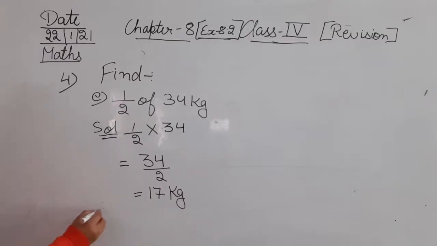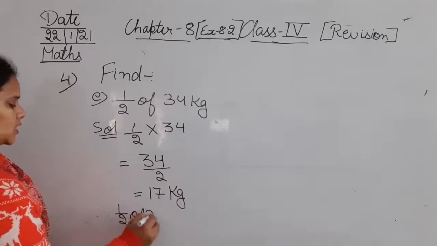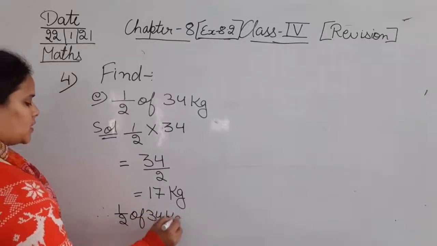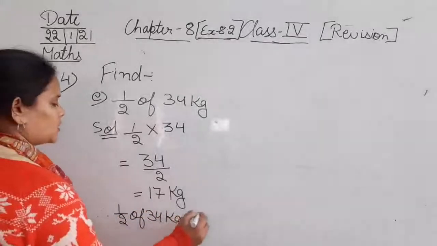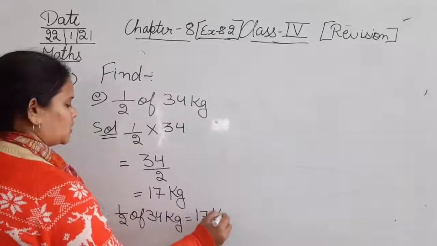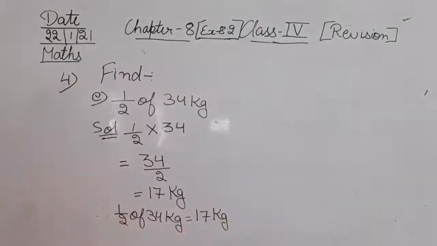Therefore, 1 upon 2 of 34 kg is equal to 17 kg. 1 upon 2 of 34 kg or half of 34 is 17 kg. So this is the solution of the E part of question number 4. You can just pause it here and note it down in your notebooks. Clear?